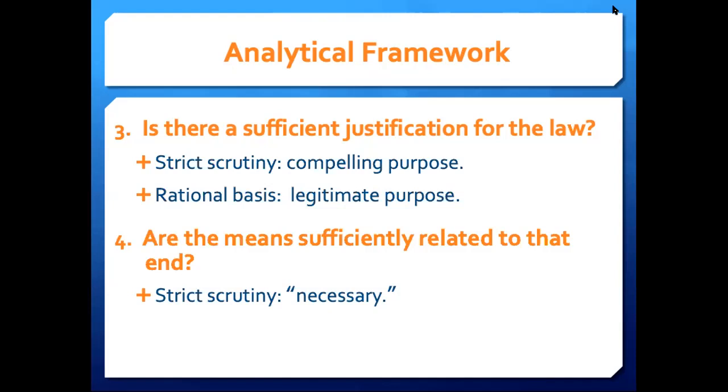But if we are in rational basis scrutiny, we need only ensure that this regulation is a reasonable way to further that government's legitimate purpose. So for both the means and the ends side of this test, we put an additional burden on the government if we are in strict scrutiny because we have a fundamental right.